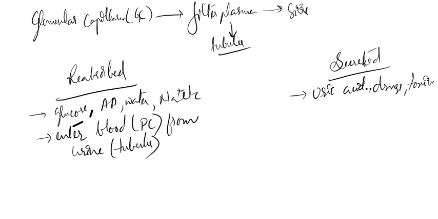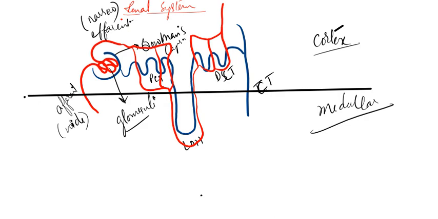Now this is what you should observe. The red color is the peritubular capillary network. One thing you should understand clearly, most doctors get confused. And this blue color is the tubular structure, or the nephron.